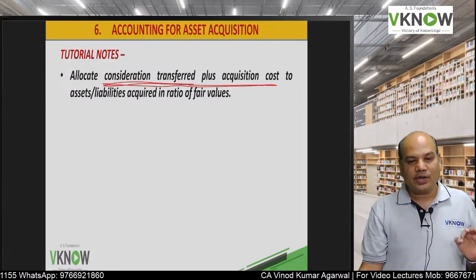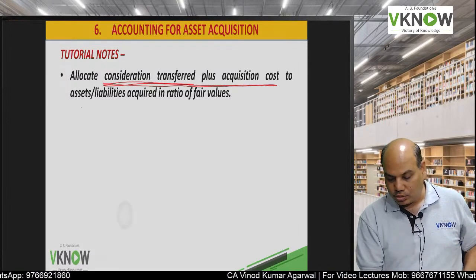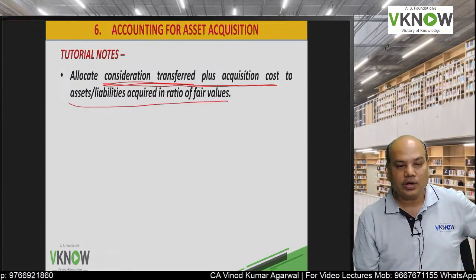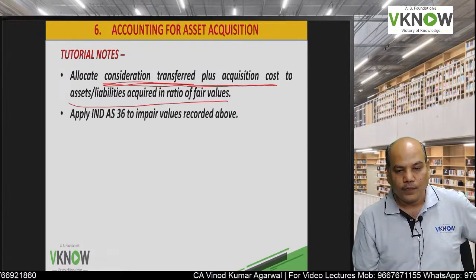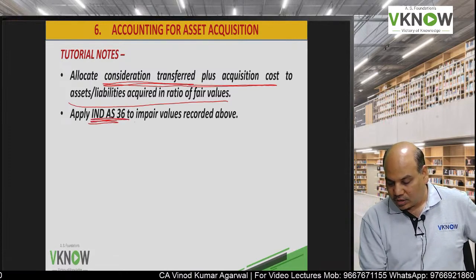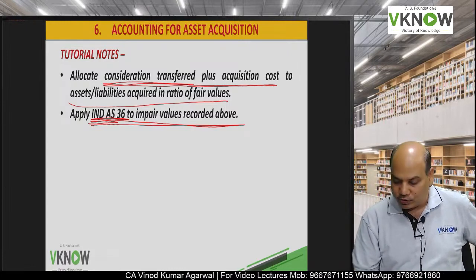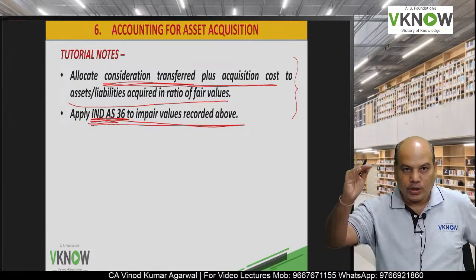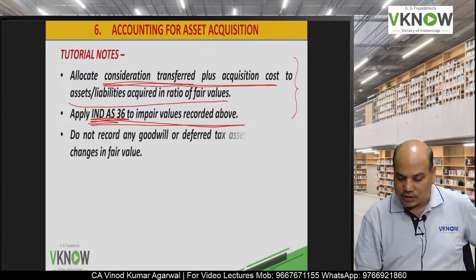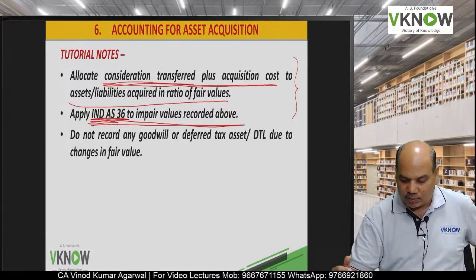Because it is an asset acquisition, the acquisition cost will be capitalized over the assets and liabilities acquired in the ratio of fair values. In case you find that some assets are impaired, you will apply IND AS 36 impairment and bring them down to their recoverable amount.